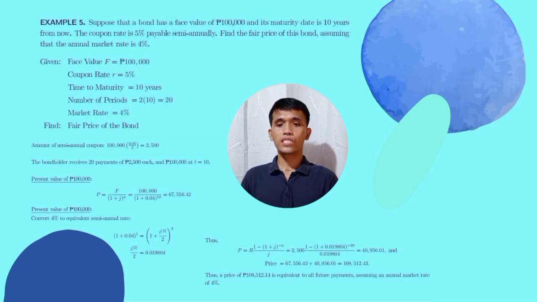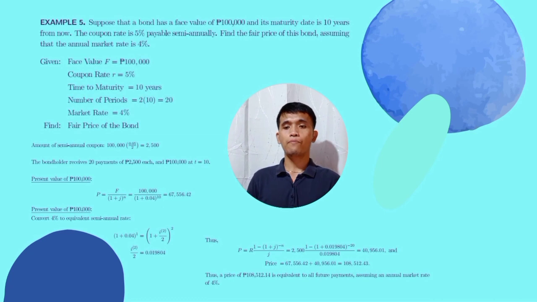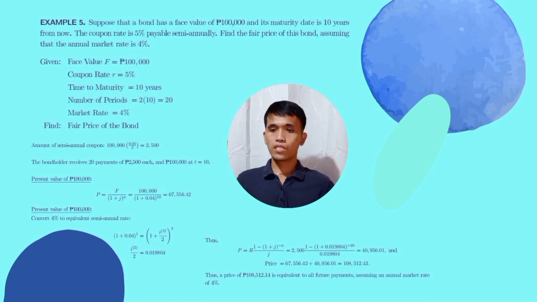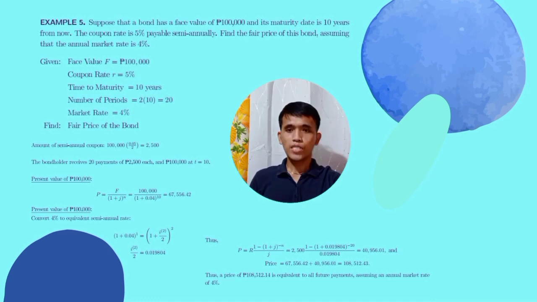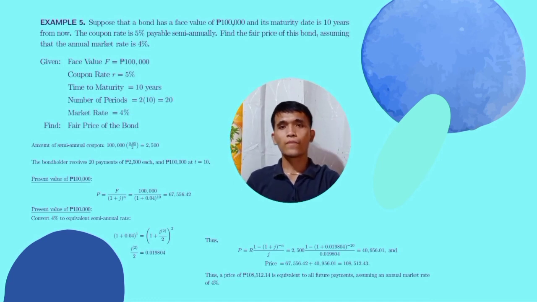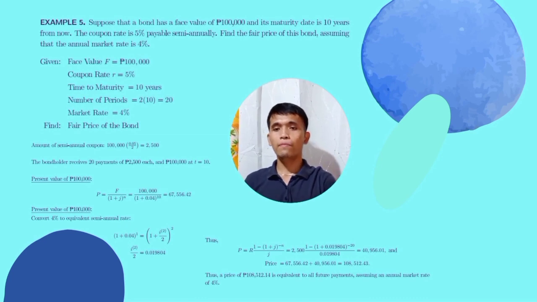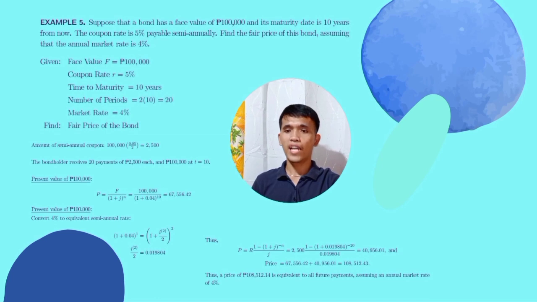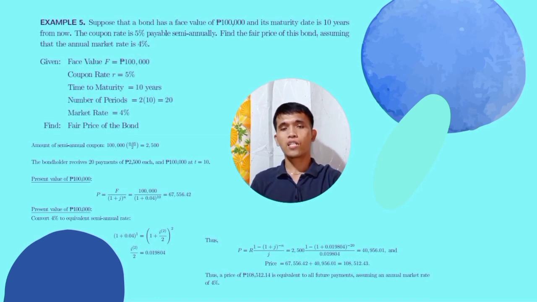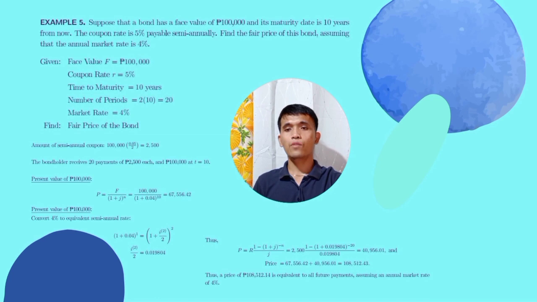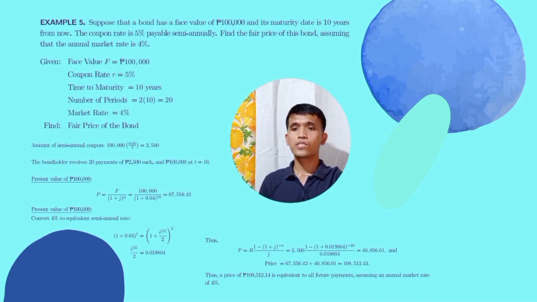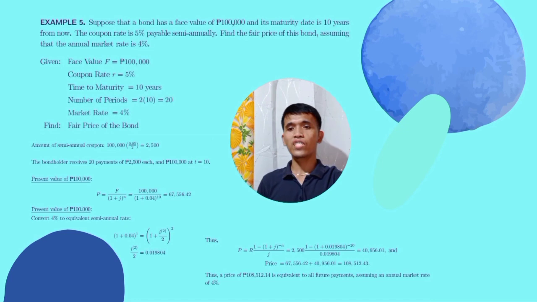The bondholder receives 20 payments of 2,500 pesos and 100,000 pesos at t equals 10. Present value of 100,000 pesos: P is equal to F over the quantity 1 plus j raised to n, which is 100,000 divided by the quantity 1 plus 0.04 raised to 10, which is equal to 67,556.42. That is the present value of 100,000 pesos.